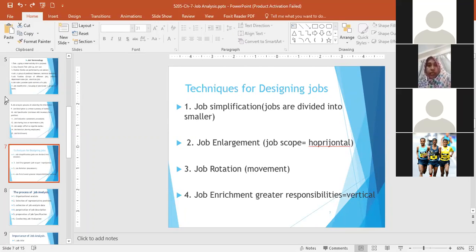Another technique of designing jobs is job enlargement, okay? So here we get job enlargement, job rotation and job enrichment. A little bit of difference we get here. So in case of job enlargement, you have to remember the horizontal, okay, right?